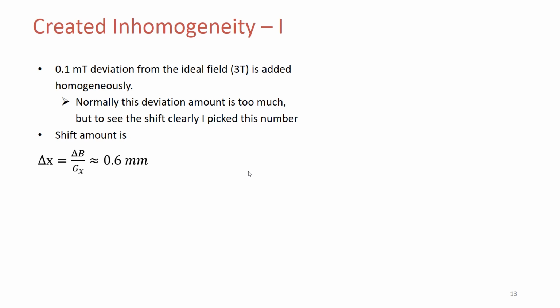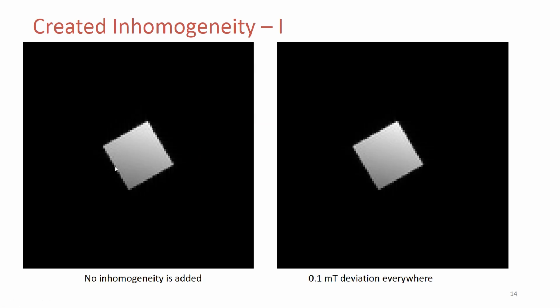in order to see the displacement in the readout direction, I needed to increase the value of deviation, and calculating the shift amount from the formula, I expected to see approximately 0.6 millimeters shift in the readout direction. First I checked the results with a dummy phantom, that is a phantom with a diamond shape.